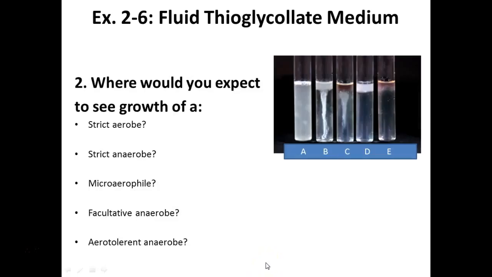So these are beautiful pictures from your book. So which one is the strict aerobe? D. See that? Which is the strict anaerobe? C. See how the pink layer has no growth, and the non-pink layer, the anaerobic layer, has growth.